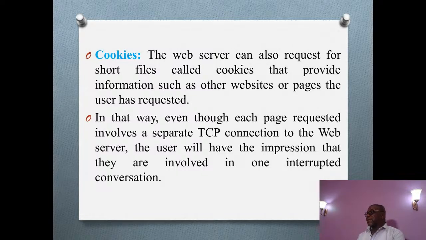In that way, even though each page requested involves a separate TCP connection to the web server, the user will have the impression that they are involved in one uninterrupted conversation.